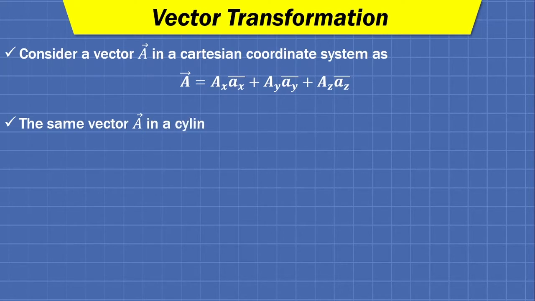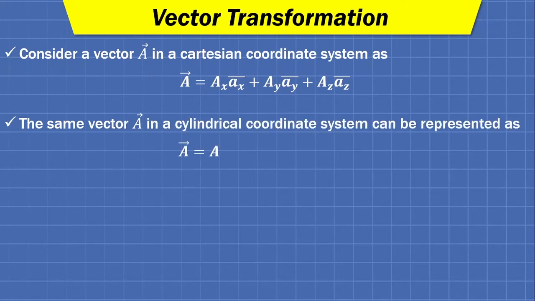The same vector A bar in a cylindrical coordinate system can be represented as A bar equals capital AR, ar bar plus A phi, a phi bar plus capital AZ, az bar. So here capital AR, A phi and AZ are the cylindrical coordinates of point A, while small ar bar, a phi bar and az bar represent the directions of the cylindrical axes, that is R, phi and Z.